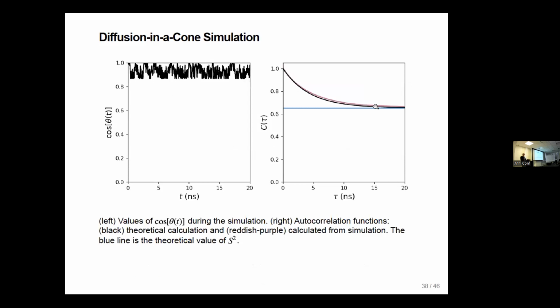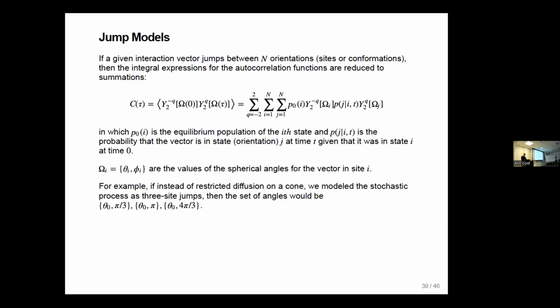And then I think black is the correlation function calculated using the equation for the time constant, and pink is the simulation. And they agree pretty well. So again, the future is more simulation, I think, and less analytical calculation, because obviously I can make the potential in the computer as complicated as I can think up, and then just run simulations until I get bored with simulations.